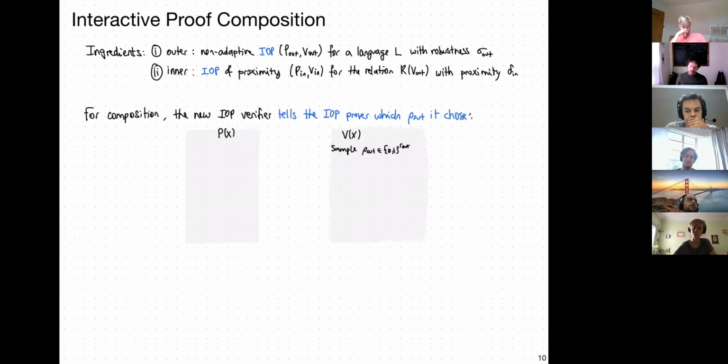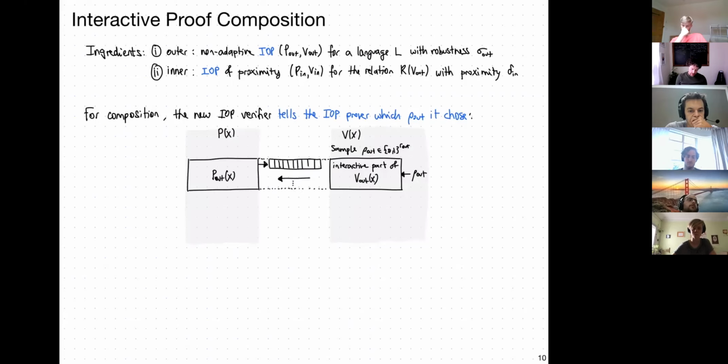So the verifier would start by sampling some random string. I think it would be easier to say the following thing. We'll sample a random string and we'll have the interaction of the outer PCP.